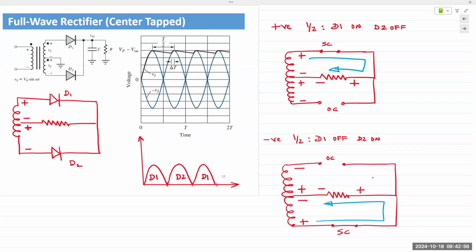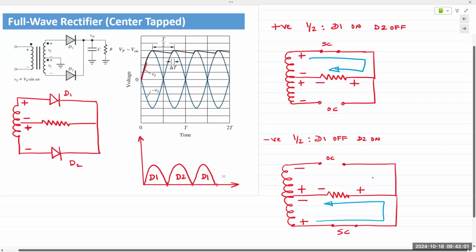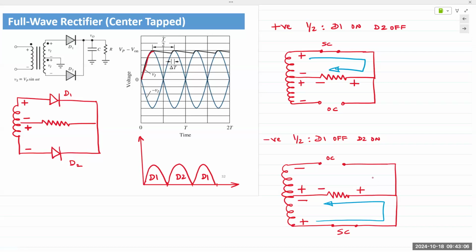When you attach a capacitor to the output of the resistor, in the positive half cycle, the capacitor starts charging. When it starts charging, it acquires energy at its own pace. Now, if you make the size of the capacitor large enough compared to the time period of the waveform, meaning the size of the bucket is huge, it's completely filled with water, and you poke a small, tiny hole in the bottom, it will take a very long time for the water to drain out.